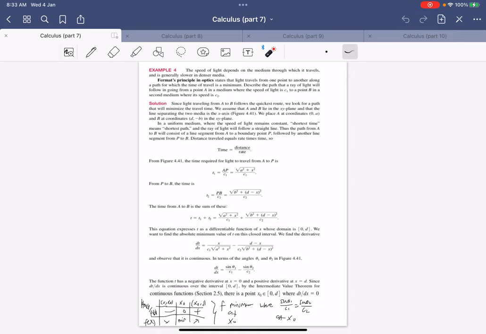So how do we do this? Well, imagine you have two mediums and the light travels from one to the other. The angle to the normal is θ1 in the first medium and θ2 in the other.